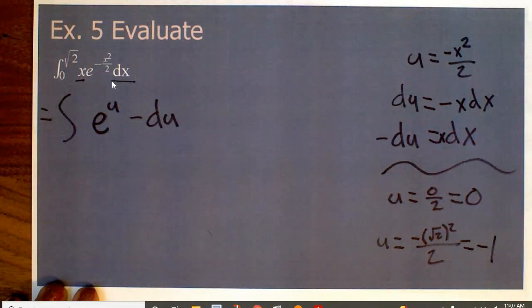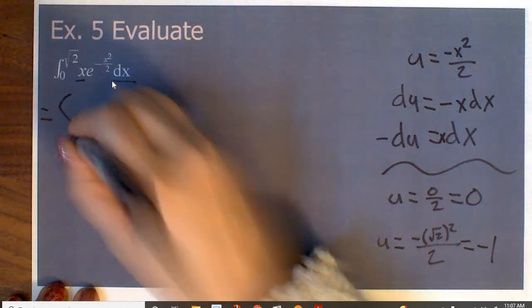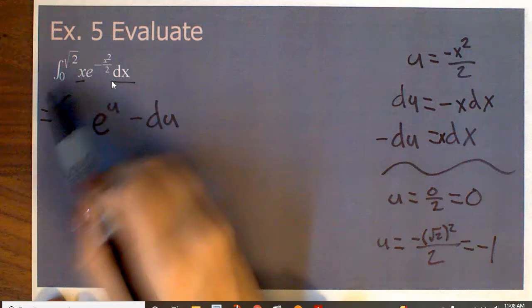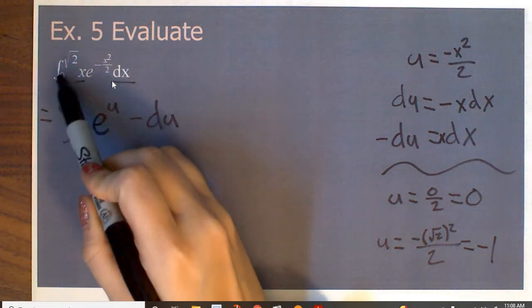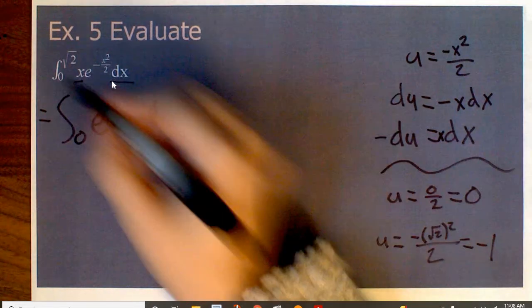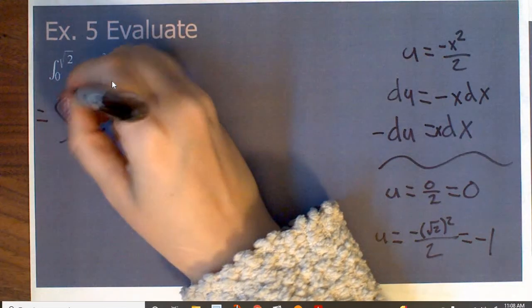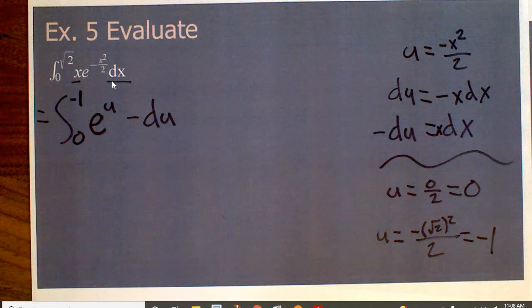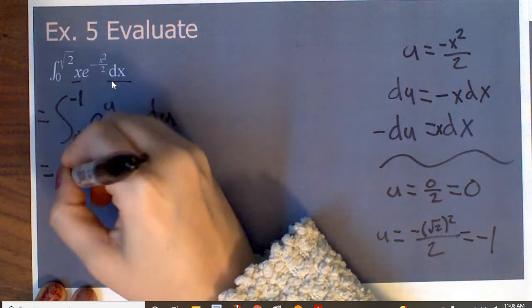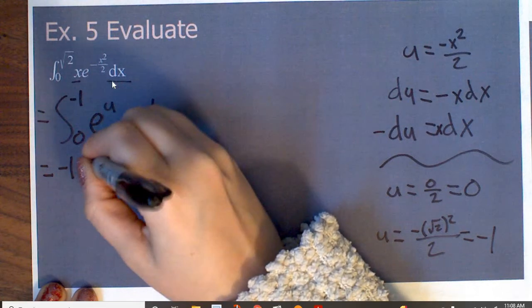So we get negative 1. So we have, again, remember, we do need to put these in the same order that I plugged them in here. So here, I plugged in 0 and got out 0. I plugged in square root of 2 and I got out negative 1. I can pull this negative because it's just a constant out to the front.